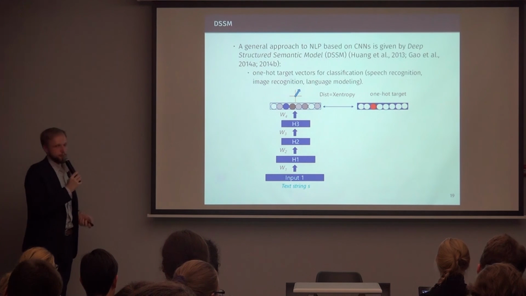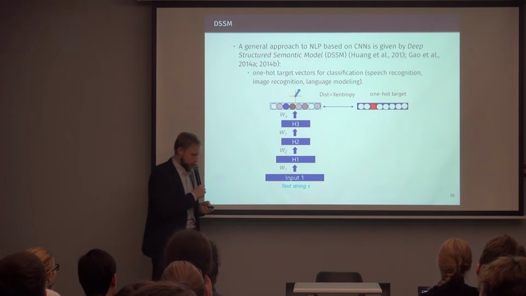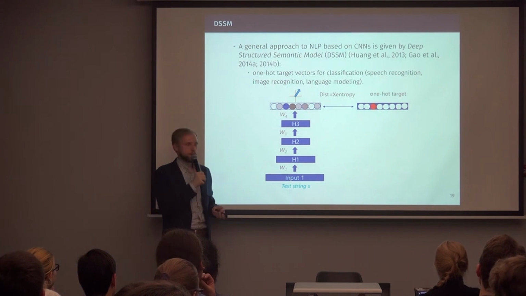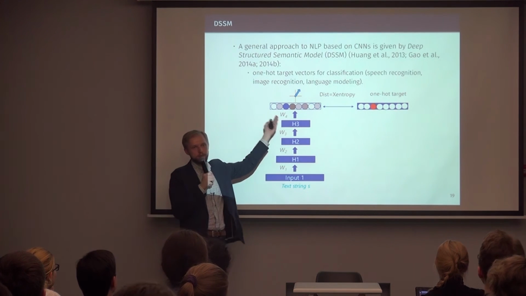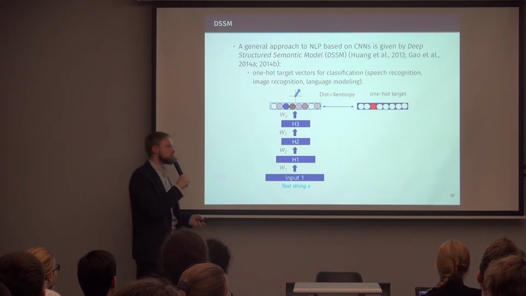Okay, DSSMs. I promised to say a few words about those. I will not go into a lot of detail about their architecture. Basically it's just a series of convolutional layers. There are some tricks, but basically it's just a deep convolutional network.